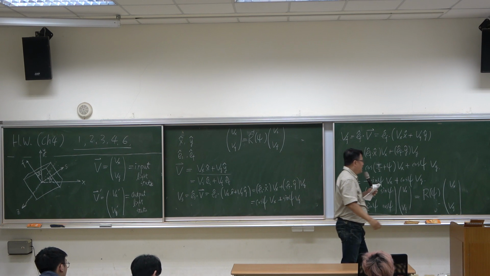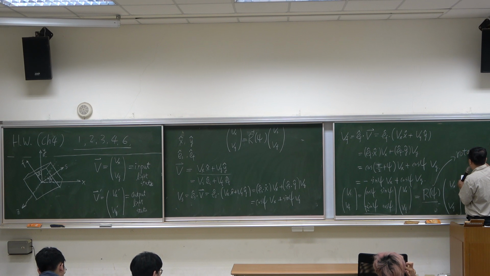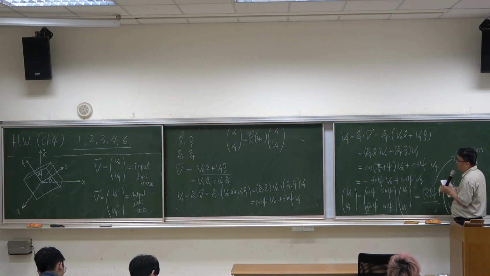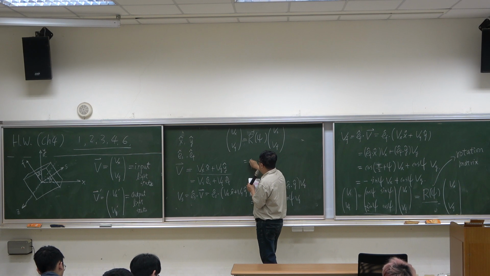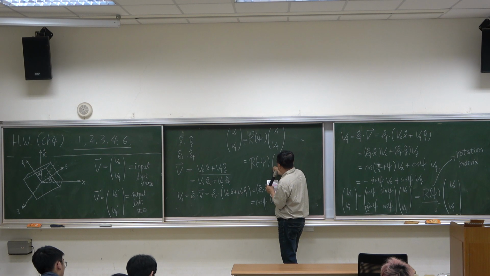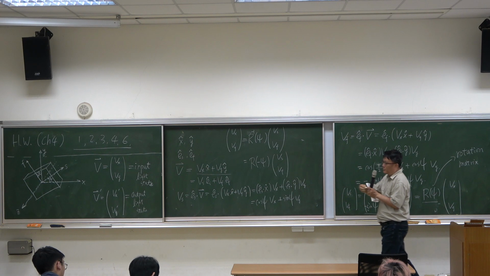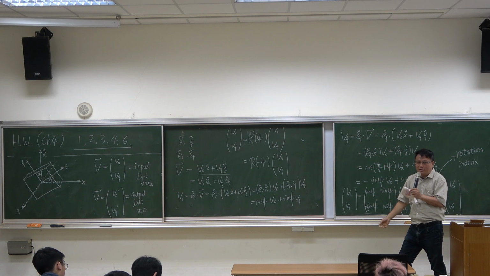However, R psi is the so-called rotation matrix. For a rotation matrix, its inverse is just the rotation matrix using the negative angle. Okay. This is because rotating by zero angle is equal to identity. Okay.